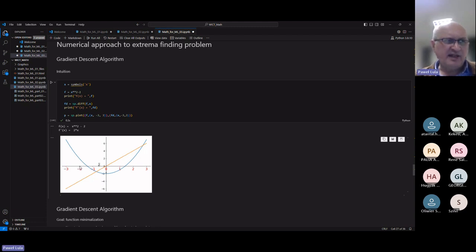But what I can do here is calculate a value of the first derivative. It is about minus 4. Minus 4 is a value of the first derivative.